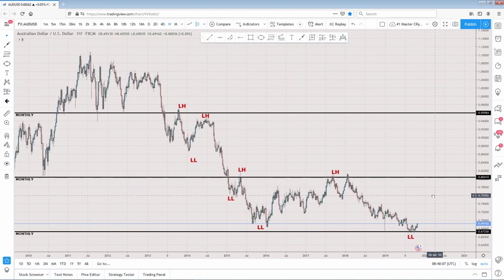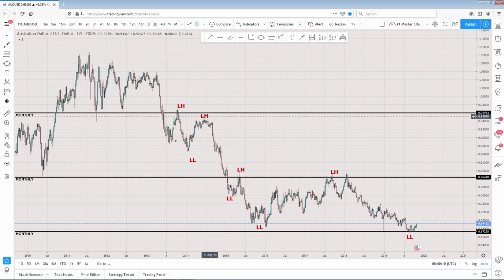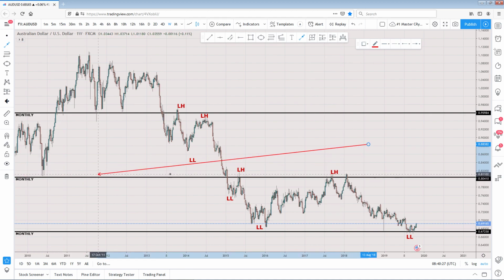So you can see here, we're finished marking up the weekly. On the weekly, you can see there's a lower low, lower high, lower low, lower high, lower low, lower high. This was a 100% retrace. It did not break structure. This could have been a fantastic selling opportunity, because we approached a monthly level.